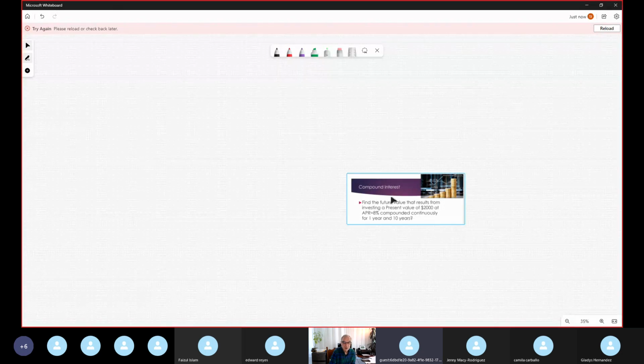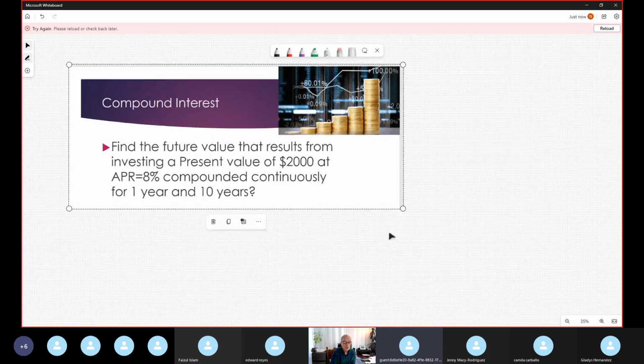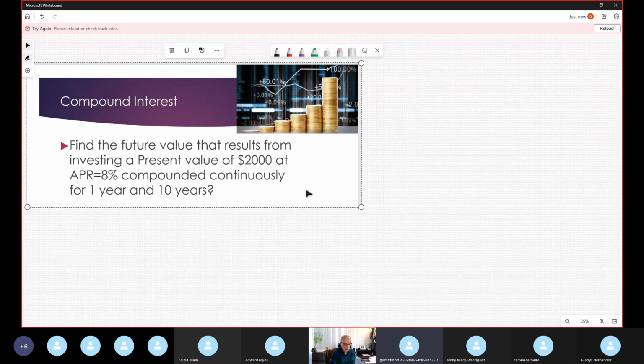Okay, it's also finance, but in this case, find the future value. Find the future value that results from investing a present value of 2,000 at 8% compounding continuously. Wow. For 1 year and 10 years. Okay.